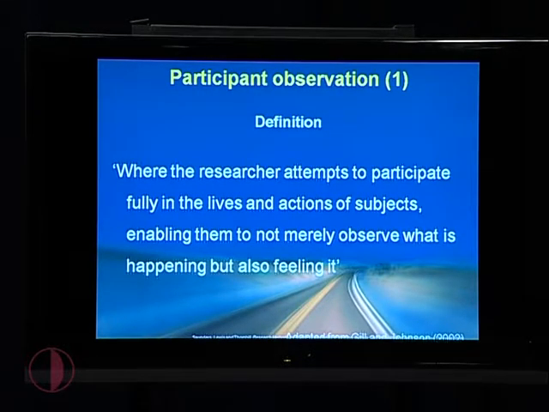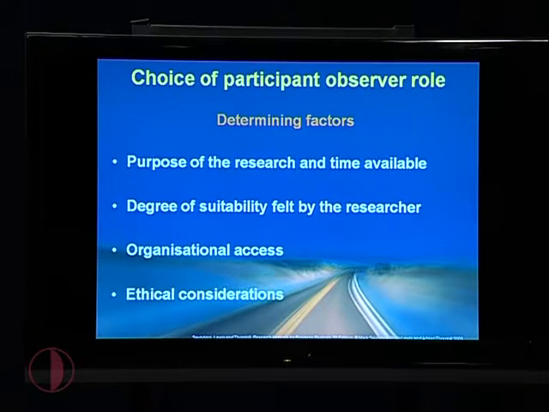Participant observation, the definition to understand this one: the researcher attempts to participate fully in the lives and actions of the subject. He will be very close. He will be part of what he's looking at, enabling him to not merely observe what's happening, but also to feel it. Choice of participant observer role, determining factors.